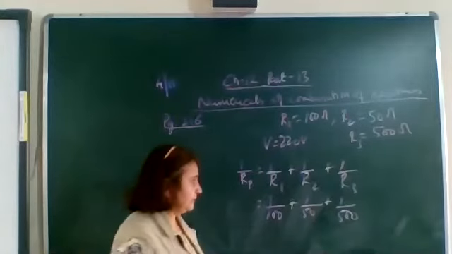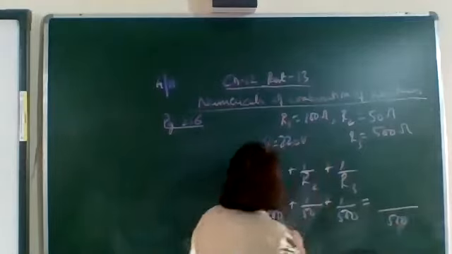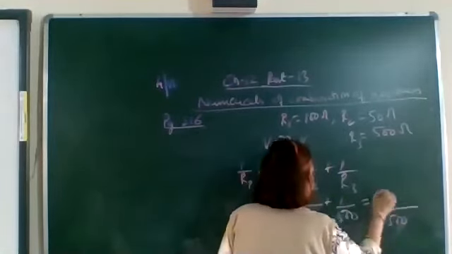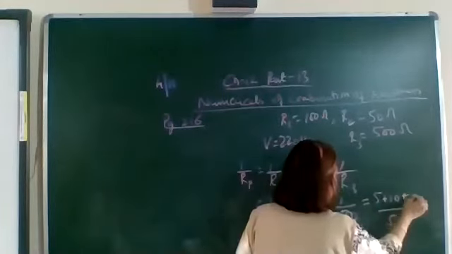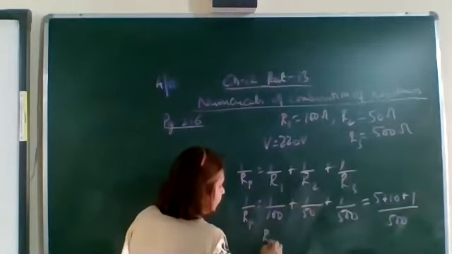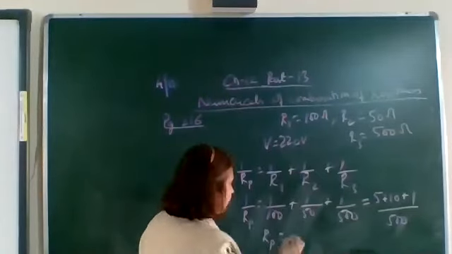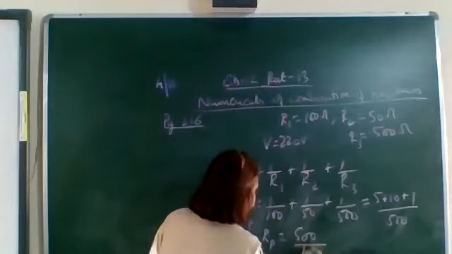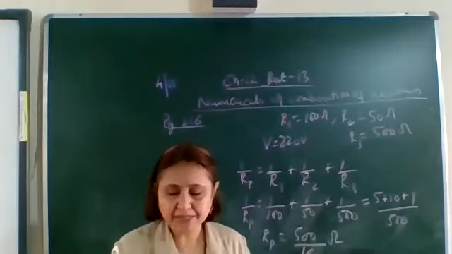LCM is 500. 100 how many times it goes? 5. 50, ten times. 100 and 500 also. This is 1 upon RP. So the equivalent resistance in parallel will be equal to reciprocal of it. 500 upon 60 ohms. This is the equivalent resistance, 500 by 60 ohms.